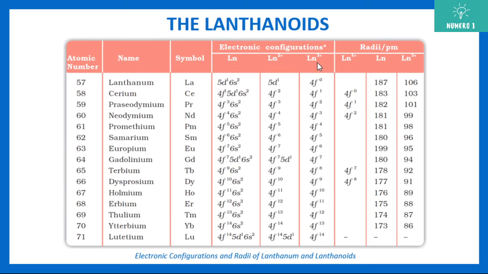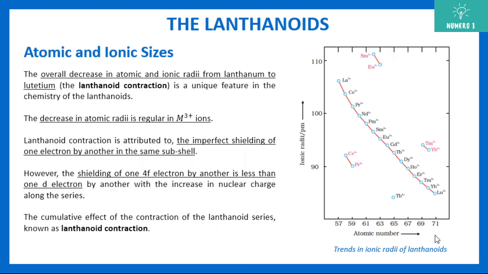You can see the symbol on the top, Ln3+, and here are the radii which are mentioned. Also Ln4+ exists, and Ln2+ is also there. Just a note, remember the electronic configuration of lanthanum, gadolinium, and 70 and 71, that is ytterbium and lutetium, Lu. Only these four you should remember, they can come in your exam.